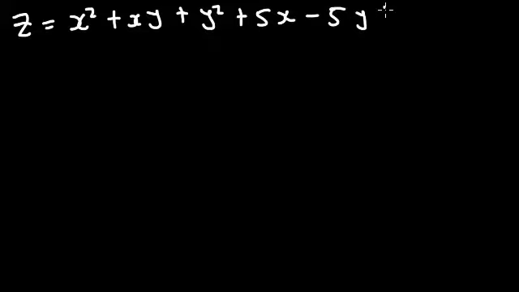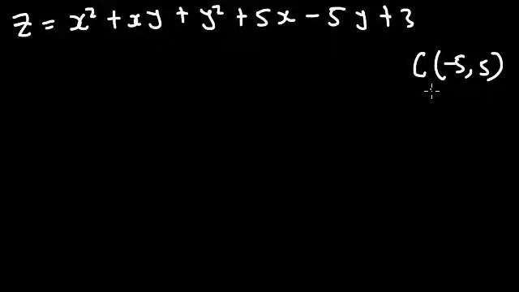We are yet to complete it entirely. We actually found the stationary point, but we need the value. So let me write it back. It is z equals x squared plus xy plus y squared plus 5x minus 5y plus 3. Now, the critical point is (-5, 5), and we confirmed that it is a minimum point.